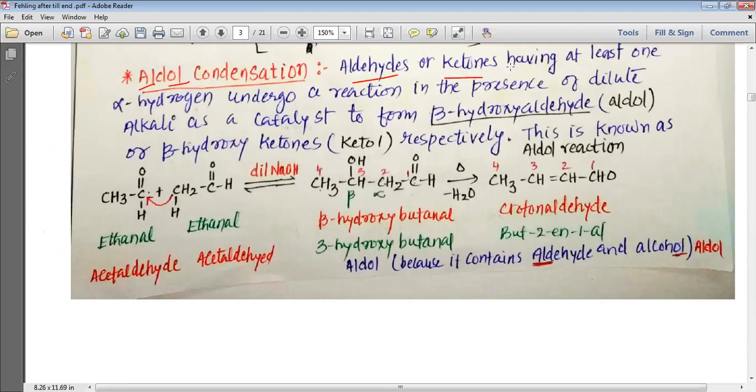Aldehydes or ketones having at least one, remember, having at least one alpha hydrogen. This is the necessary condition for aldol condensation, that there must be at least one alpha hydrogen present in the reactants. They undergo a reaction in the presence of dilute alkali.